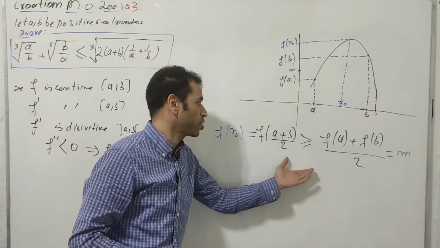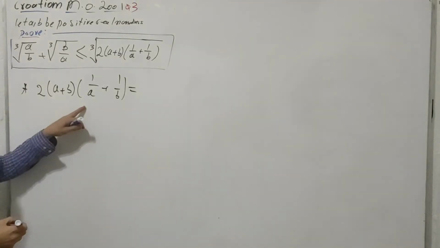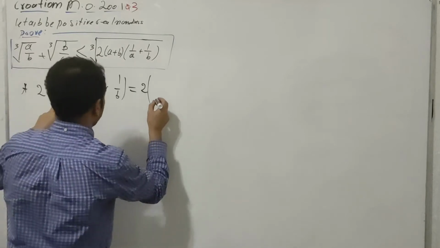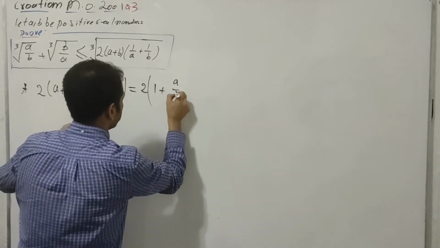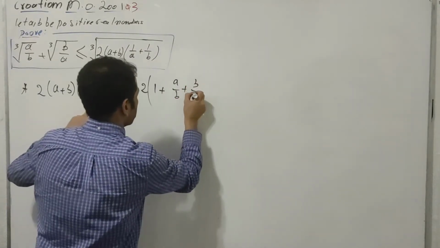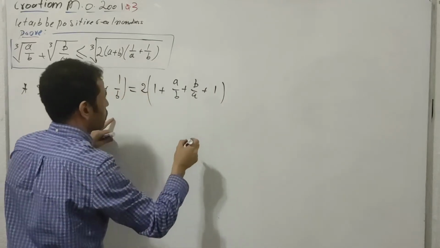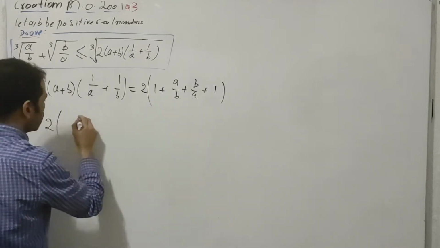Let's get rid of this and join our problem. We have this term. I'm going to distribute this one. It gives us the number 2. a multiplied by 1 over a is 1, plus a multiplied by 1 over b gives us a over b, plus the third term b over a, plus the last term giving us 1. I'm going to simplify this one. We'll have the number 2 here.